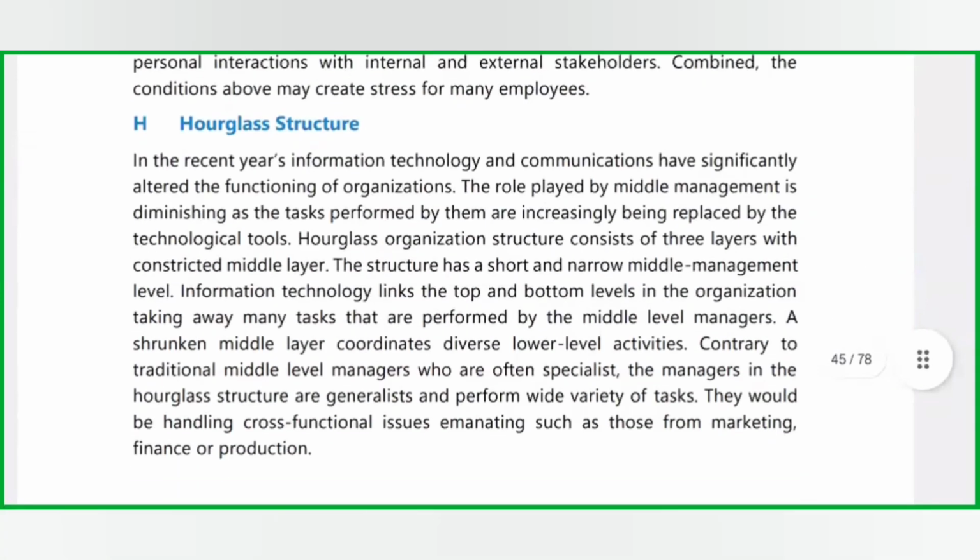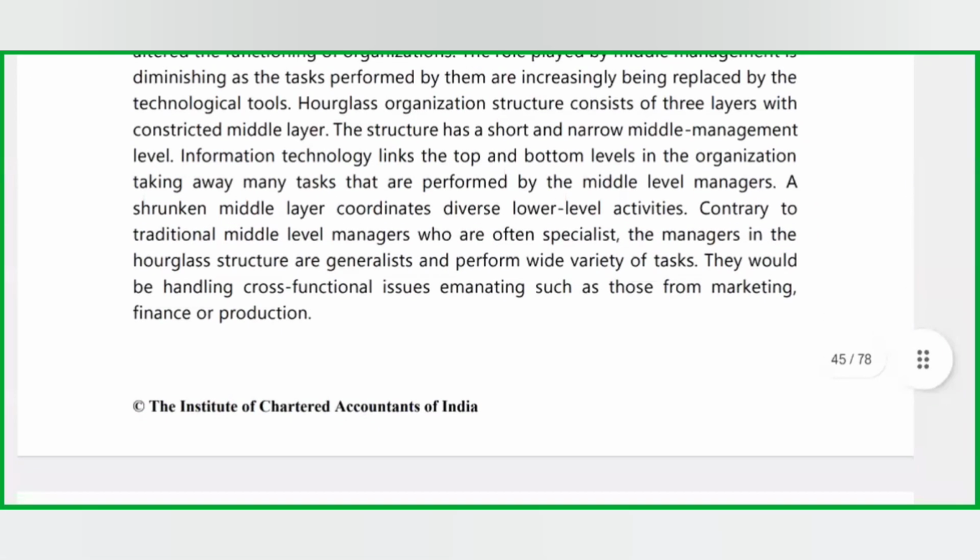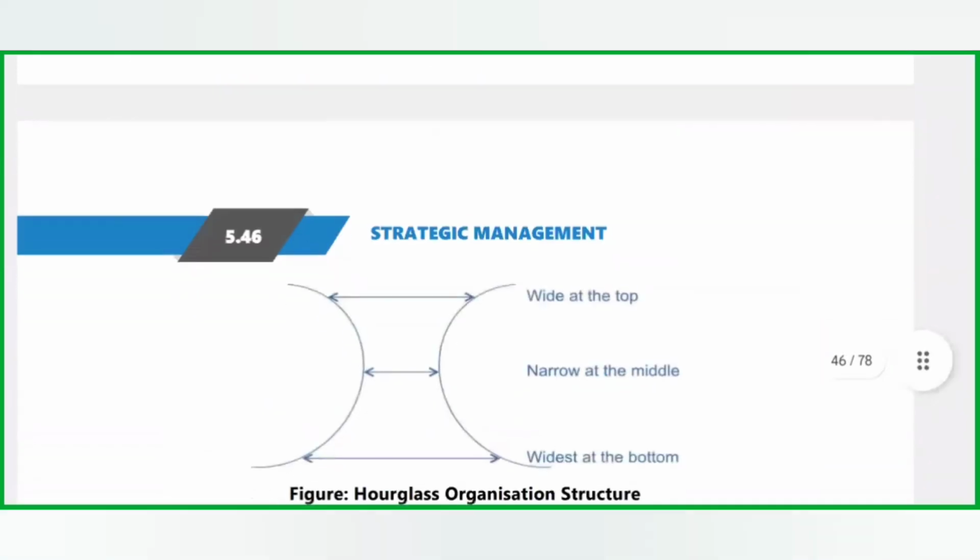Then we have the hourglass structure. In recent years, information technology and communication have significantly altered the functioning of organizations, and the structure has a short and narrow middle management level. So the gap between the top level and bottom level is very low and they are directly connected to one another.